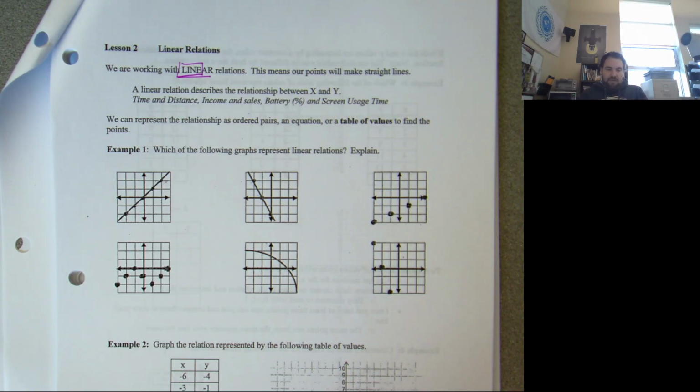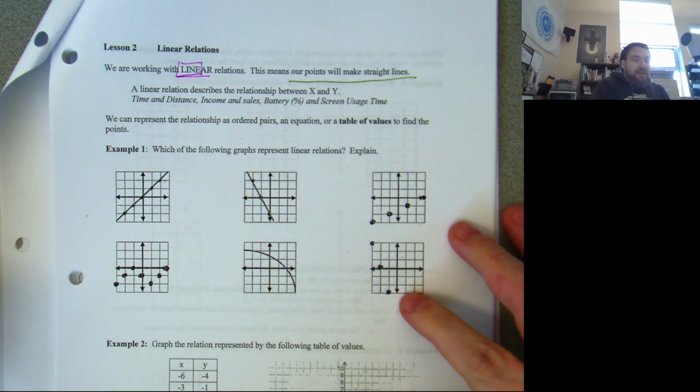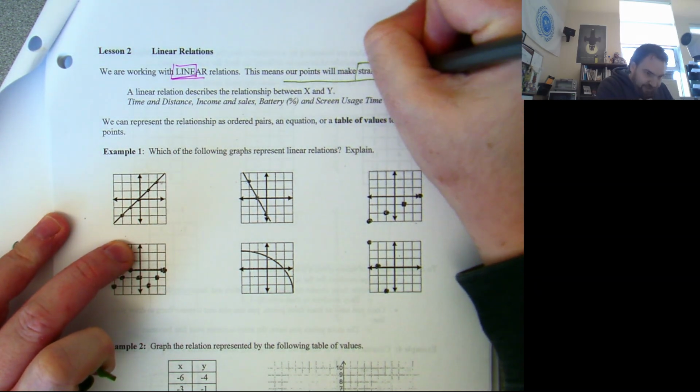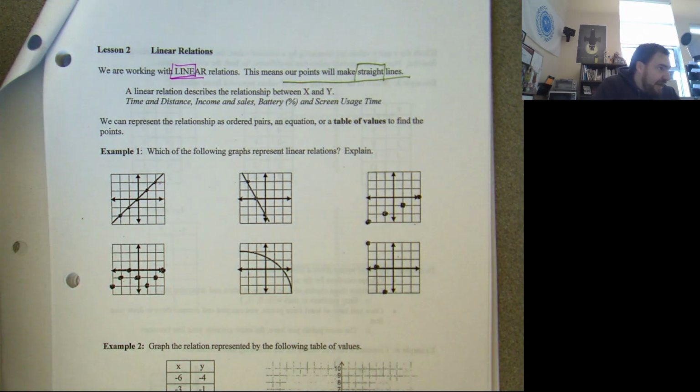Okay, so here we go. Linear relations. What this means is, I need some colors. In math, this means our points will make straight lines, that very important word. Linear means things are straight.